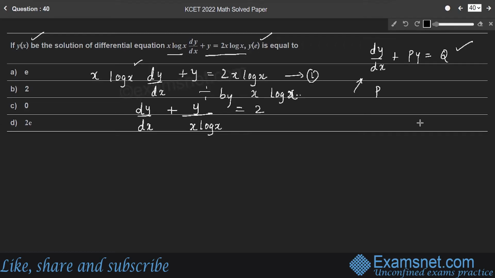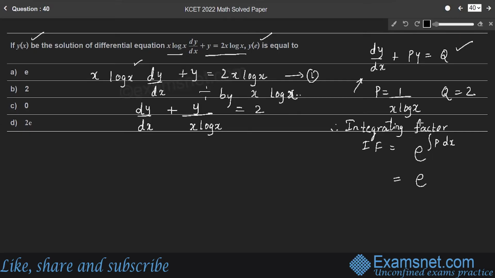Here, value of p is 1 by x log x and q is equal to 2, right? Therefore, integrating factor, IF becomes, the formula says integrating factor is e raised to integral p dx, right?